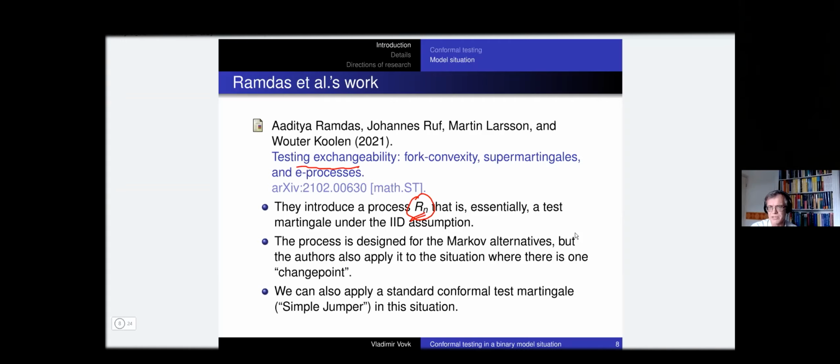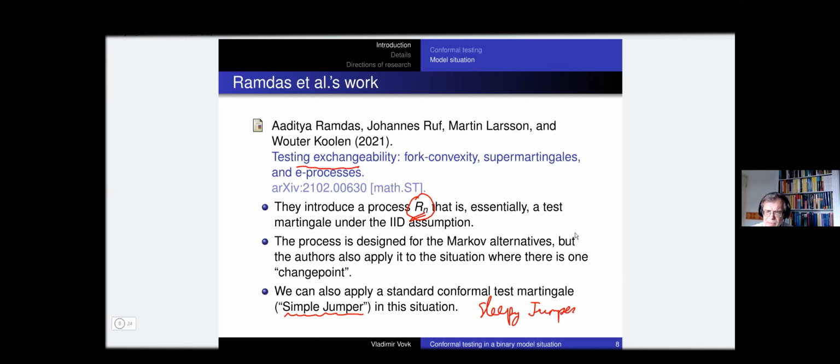Conformal test martingales, what is good about them, they generalize at once. So in this problem, you can also apply a conformal test martingale, which we called simple jumper. In our book, we had a more sophisticated version, sleepy jumper.